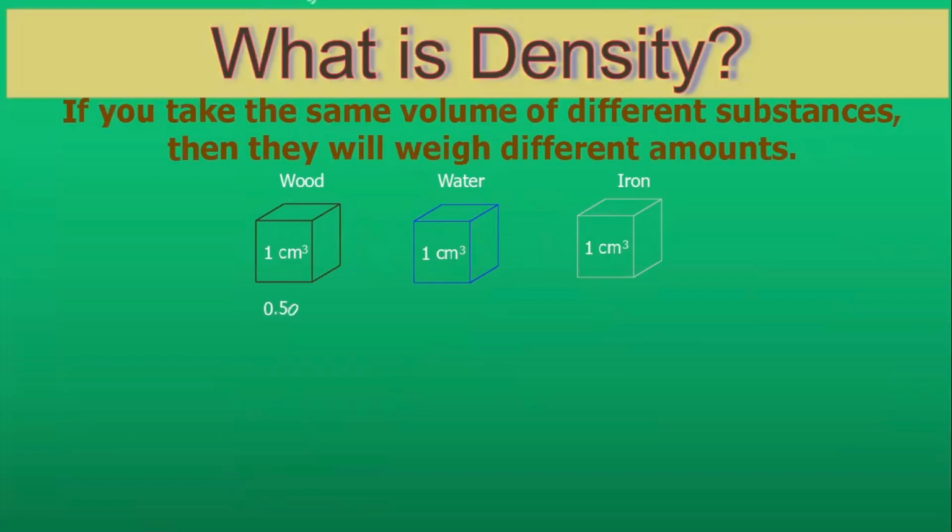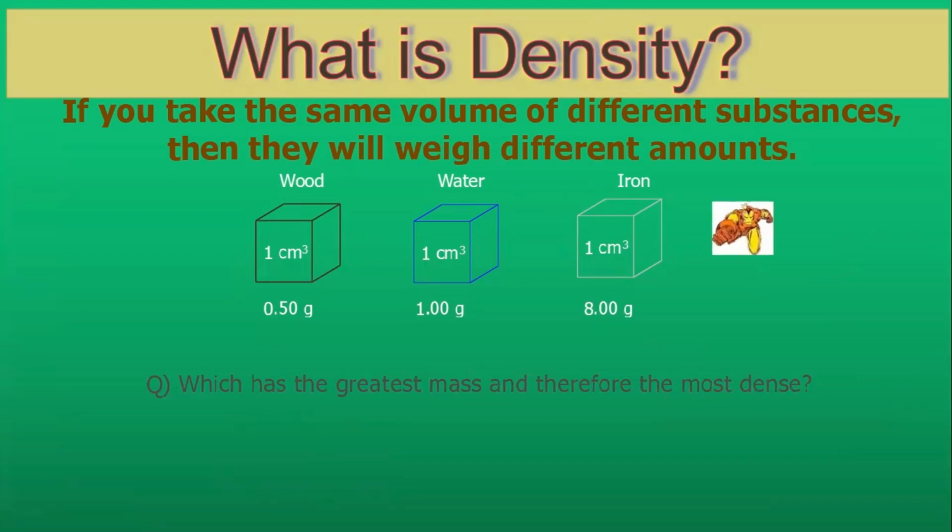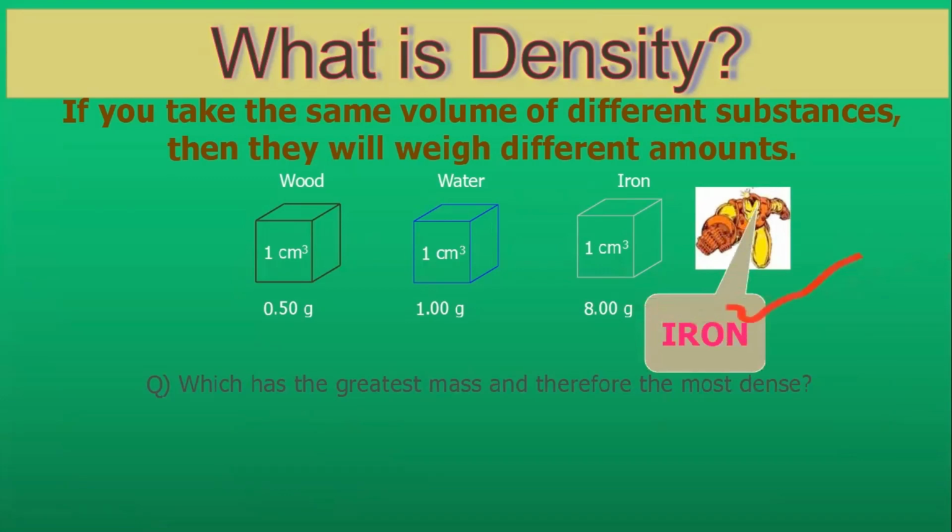Like the wood is 0.50 grams, water 1.00 grams, and iron 8.00 grams. Which has the greatest mass and therefore the most dense? Obviously, you can see it is iron. Correct.